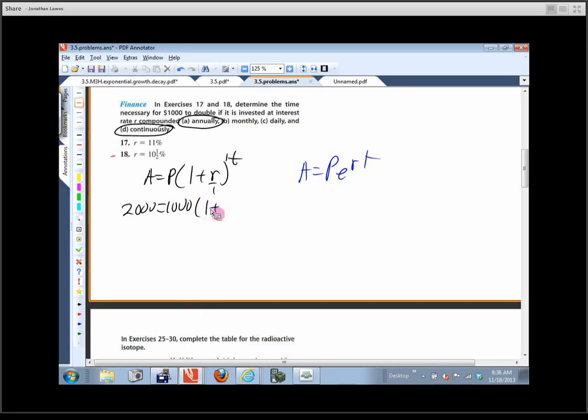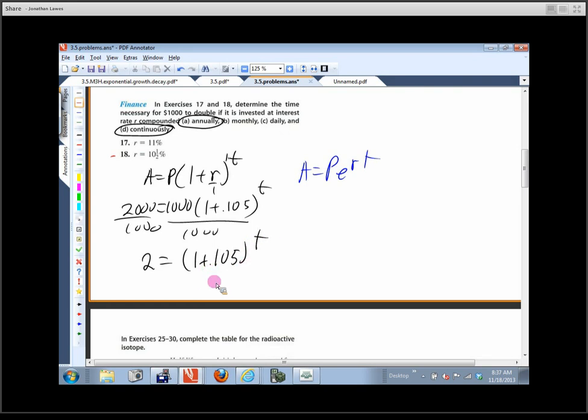And then this is 1 plus, what's the interest rate on number 18? 0.105. And what don't we know? We don't know the time. Divide by 1,000 and look at this. There's the 2. There's the 1 plus 0.105 to the t.